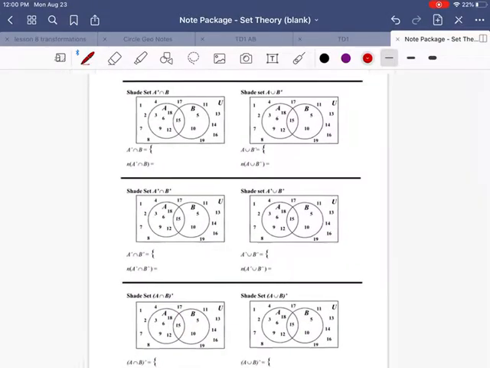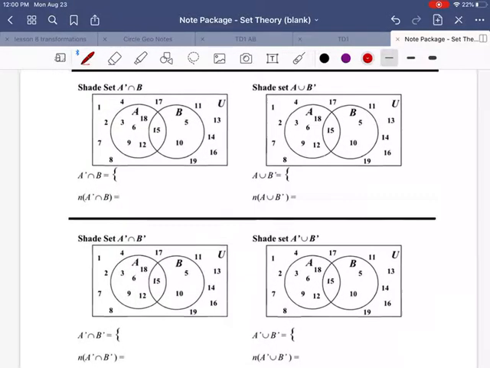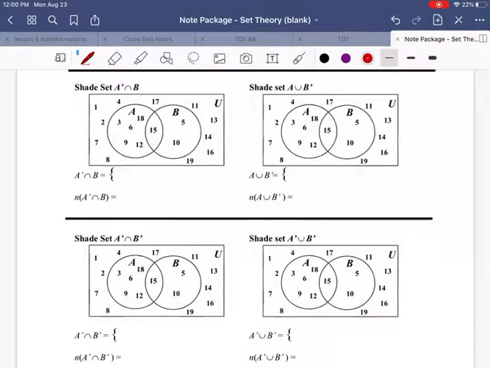Again, here I would say pause the video, try these, and then check back in a second. So shade the complement of A and B. What we got here is going to be this part right here.